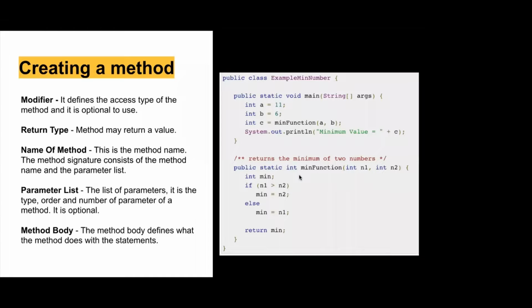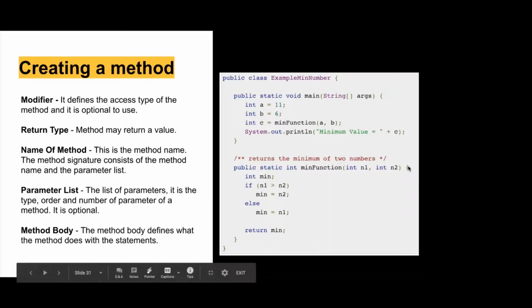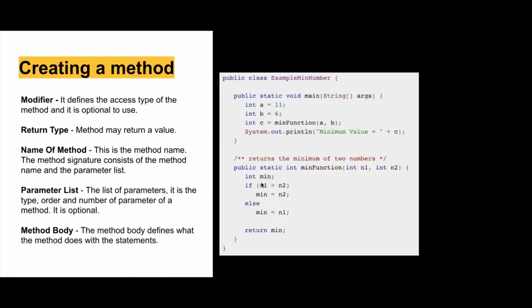And we will see an example in the following slides as well. Okay, so that's parameter list. And the part inside this bracket is just the body of the method. So it just tells this method to do something.